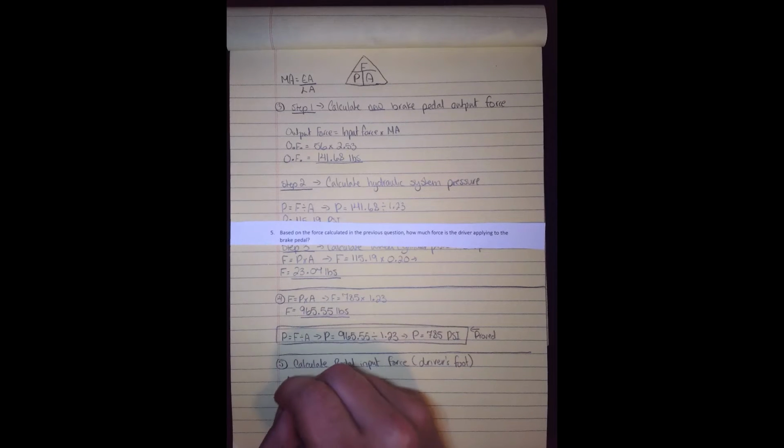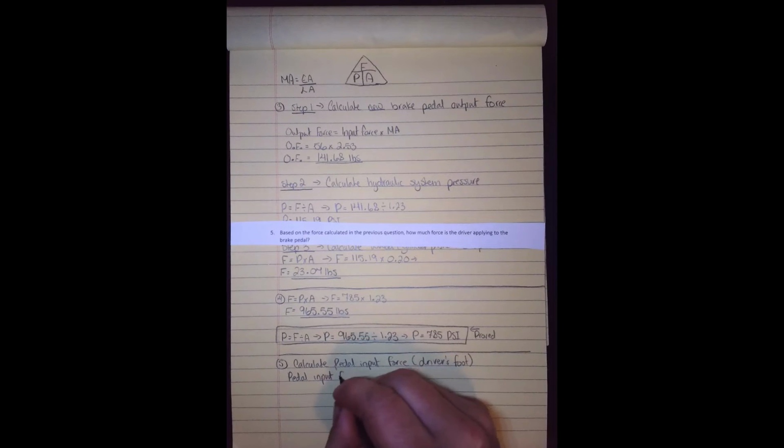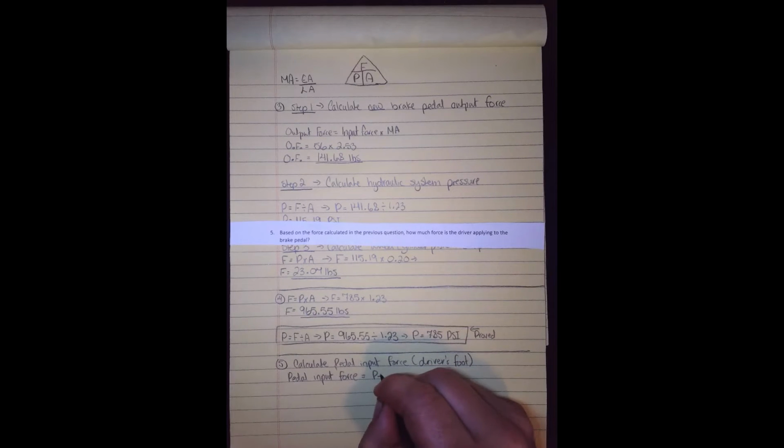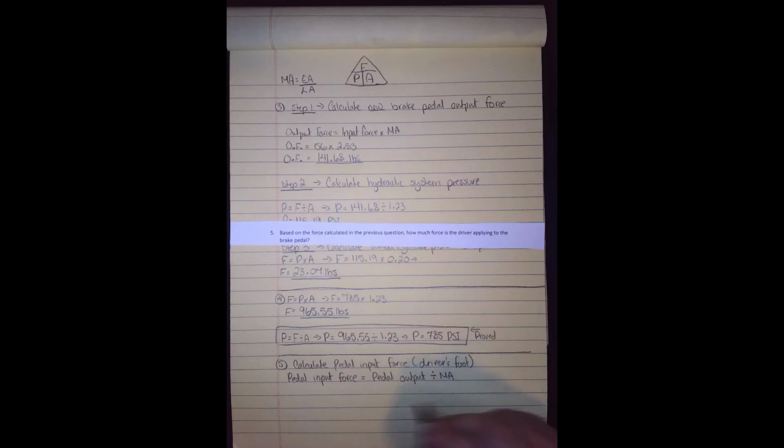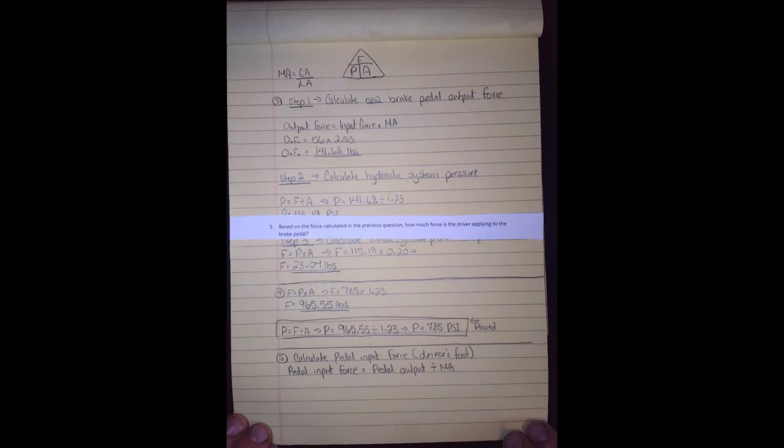The pedal input force is going to equal pedal output divided by mechanical advantage. If we want to know the output, we take the driver's input and multiply it by the mechanical advantage. So if we want to know what the driver's putting in, we take the output and divide it by the mechanical advantage.